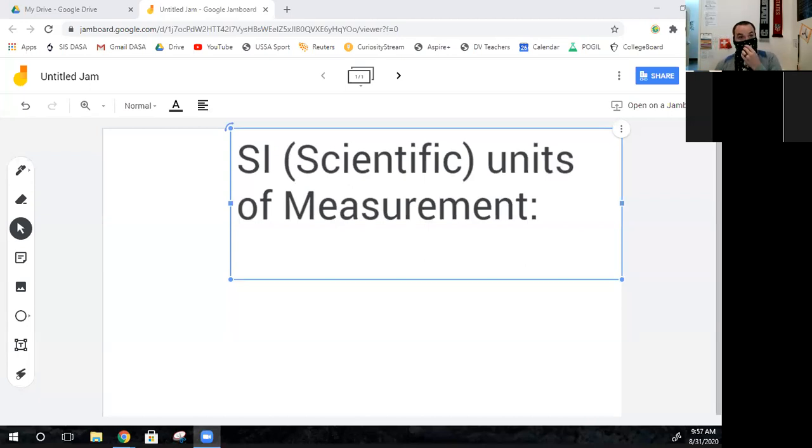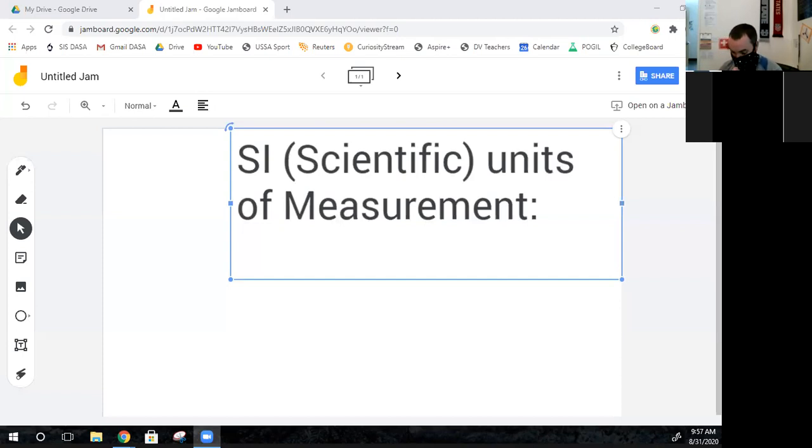So, let's talk about the SI units of measurement. I believe that SI stands for Standard International, which is French. Don't quote me on that, I'm probably wrong.